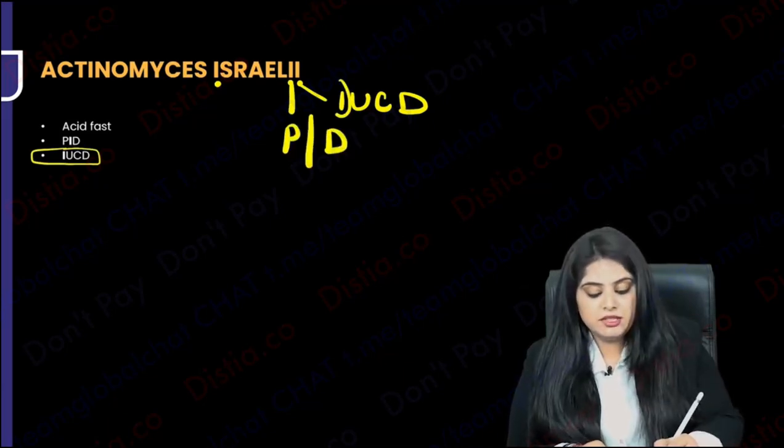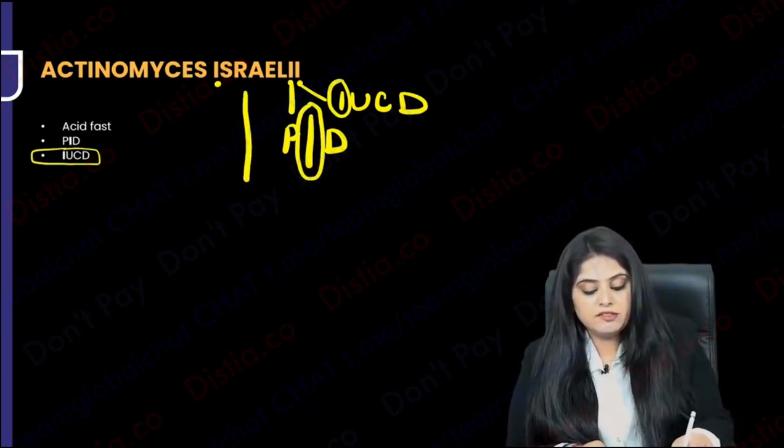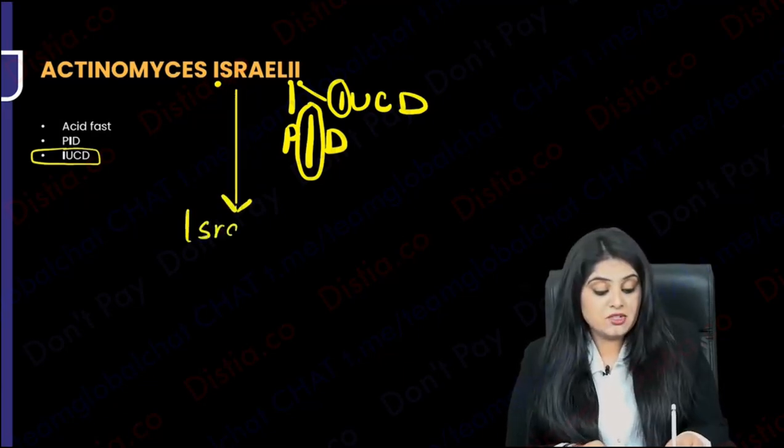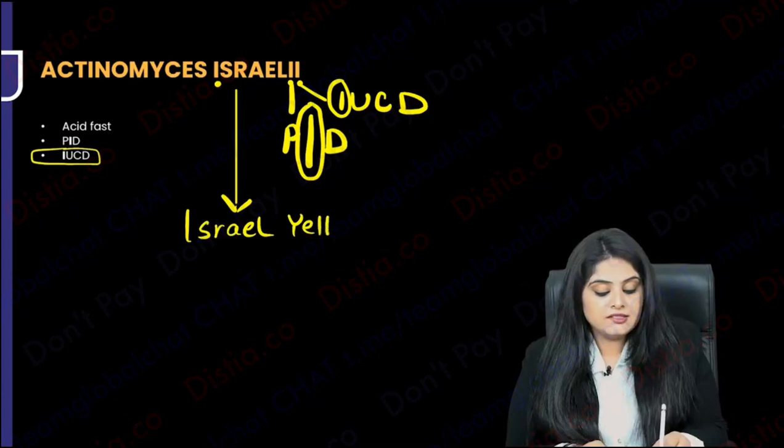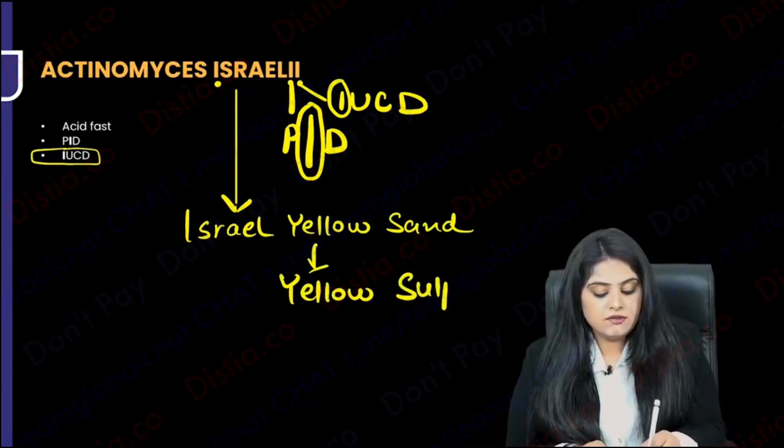So IUCD users, pelvic inflammatory disease, and remember they have always learnt it as Israel has yellow color sand. That is the mnemonic which is very much followed in USMLE books. Yellow color sand basically means that yellow sulfur granules will come out in these patients.